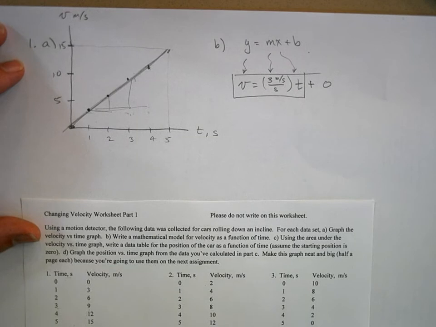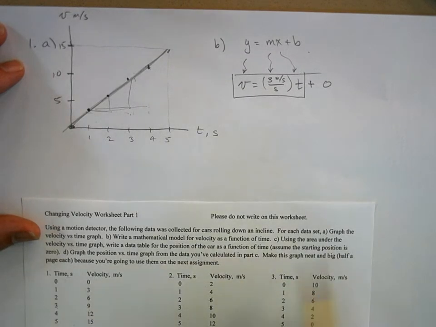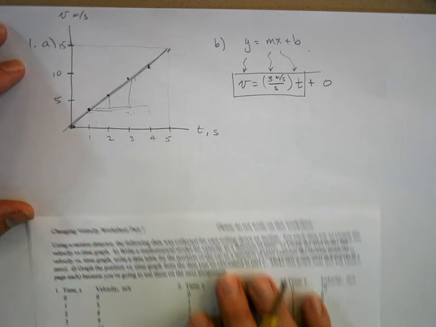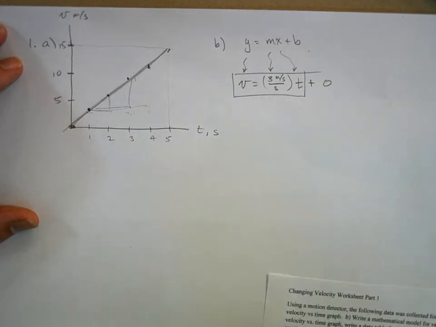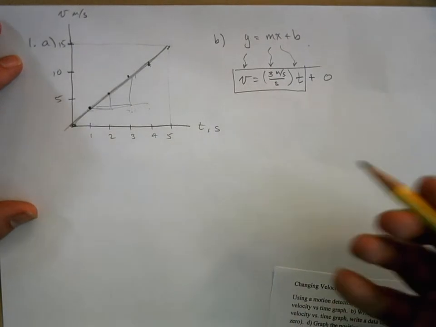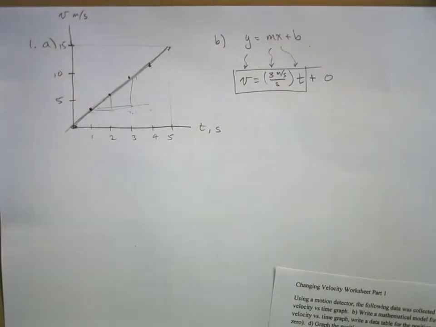Now we're going to do part C. We're going to use the area underneath the velocity versus time graph, and we're going to write a data table for the position of the car as a function of time. We're going to assume that my starting position is 0. Remember we said the area underneath a velocity versus time graph represents your displacement.